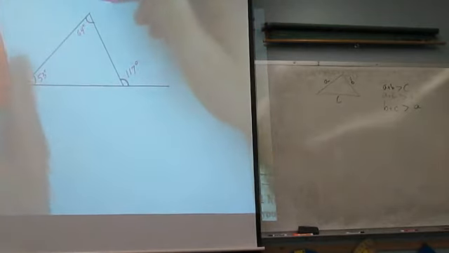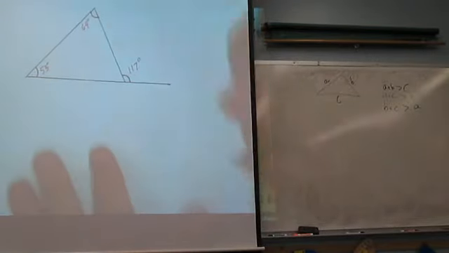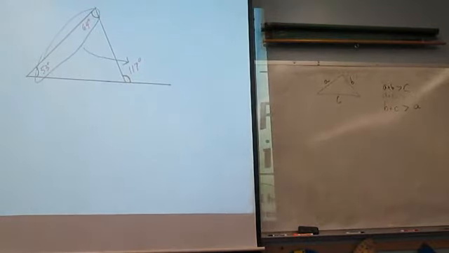Okay, now you have those measured. What's the relationship between these two and this one? So go ahead and try to figure that out. How are those related? Those two and that one there.